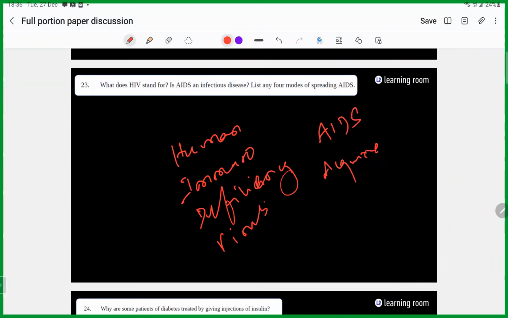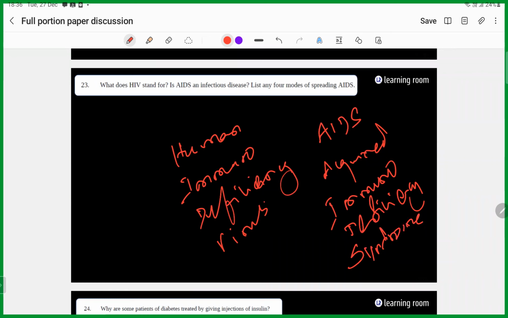Acquired immunodeficiency syndrome. Okay, what is the difference between disease and syndrome? Syndrome is long lasting. Good. Syndrome is a collection of symptoms and a collection of diseases.